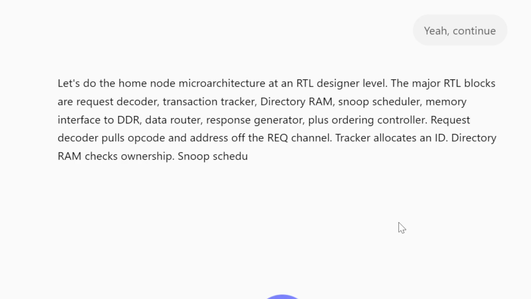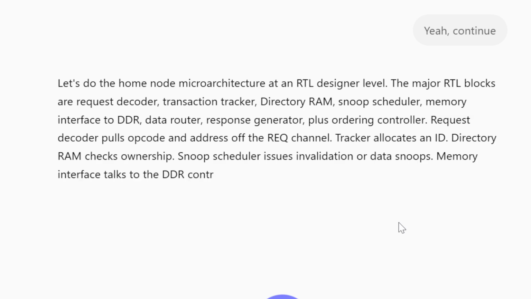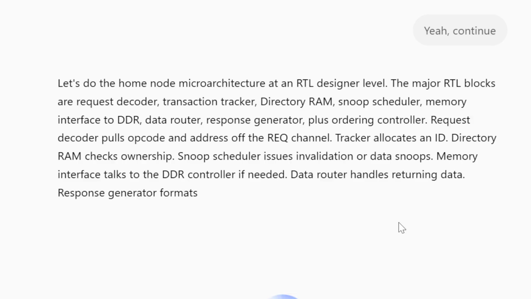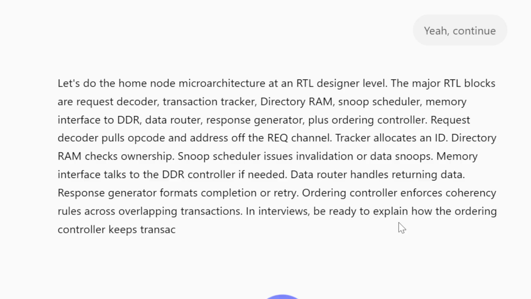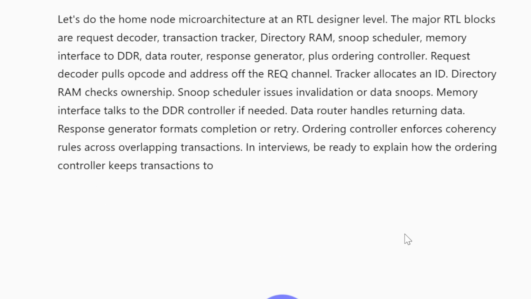Snoop scheduler issues invalidation or data snoops. Memory interface talks to the DDR controller if needed. Data router handles returning data. Response generator formats completion or retry. Ordering controller enforces coherency rules across overlapping transactions. In interviews, be ready to explain how the ordering controller keeps transactions to the same cache line ordered.